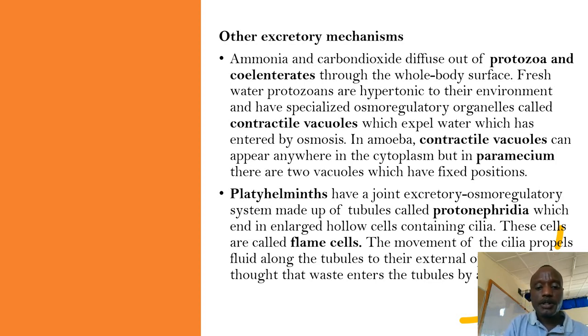I hope you still know the amoeba and the coelenterates. These two groups use the whole body surface to discharge ammonia, as well as carbon dioxide, out of their body.